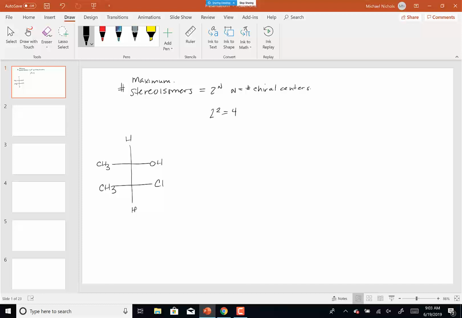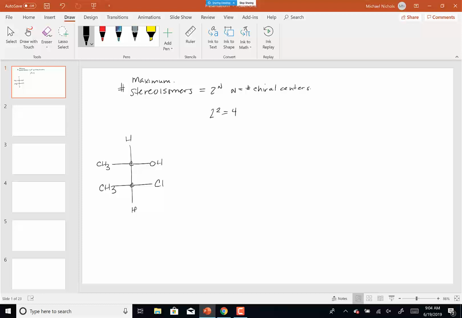Is there an easier way to determine whether something has more than one chiral center, or is it just looking at each junction and adding? Not necessarily, except the mirror plane. When we look at this one, we'd have to look at each of these 2 carbons and say hydrogen, methyl, OH, something different. So that definitely has 4 groups.